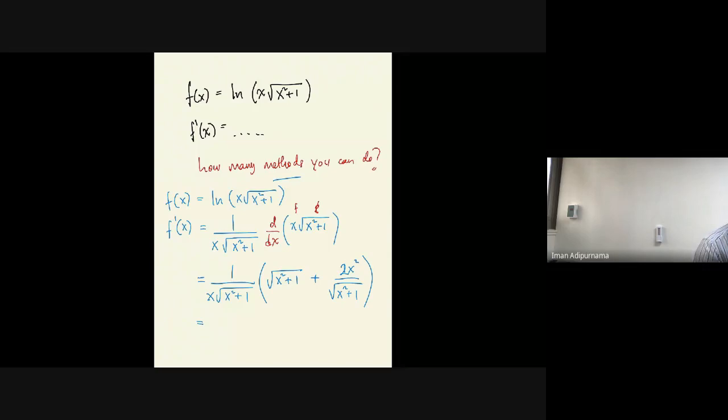Okay, then you get 1 over x plus 2x squared.